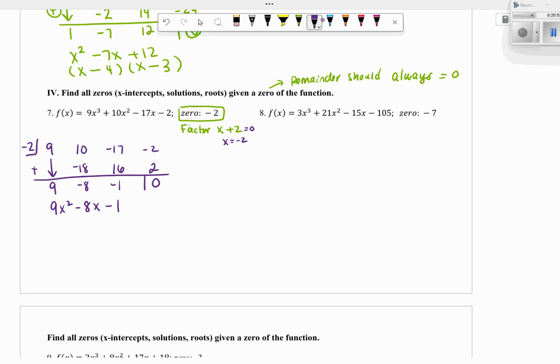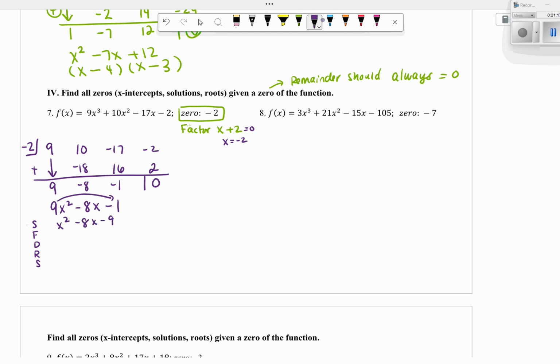So now with this, I have to then keep factoring because we're trying to find all the zeros. So if I don't know how to factor this, I could, because it's quadratic, use the quadratic formula. But let's go ahead and practice our factoring. I like to use the method Swedish fish don't really swim. So 9 times the 1. So x squared minus 8x minus 9.